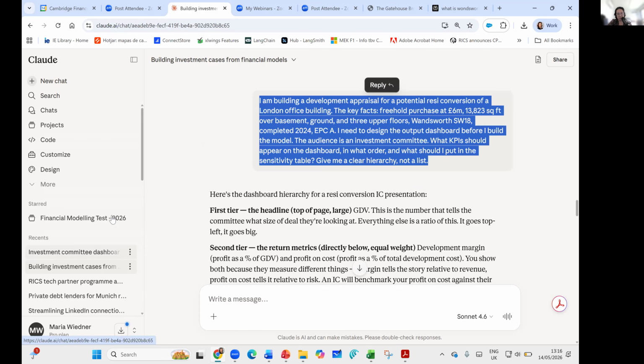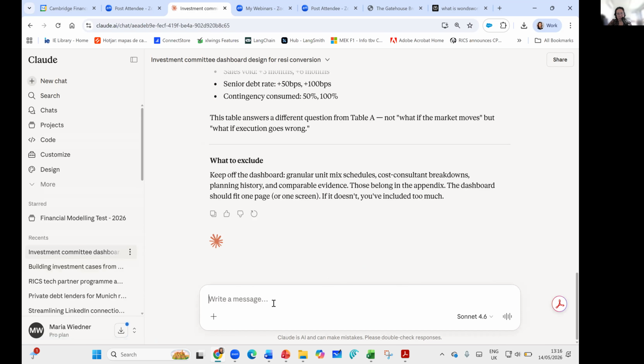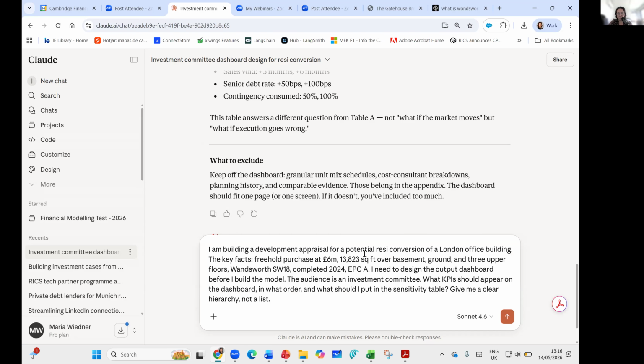So, okay, I'm building a development appraisal for a potential resi conversion loan, key facts, freehold purchase. I need to design the output page before I build the model. The audience is an investment committee. What KPI should appear in the dashboard, and in what order, and so on and so forth. Give me a clear line, which is what I've done before.